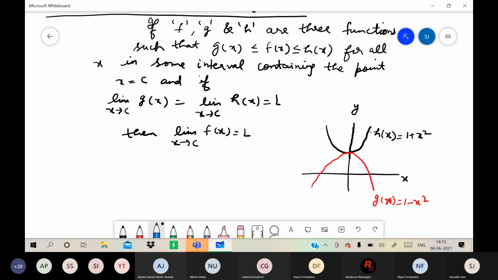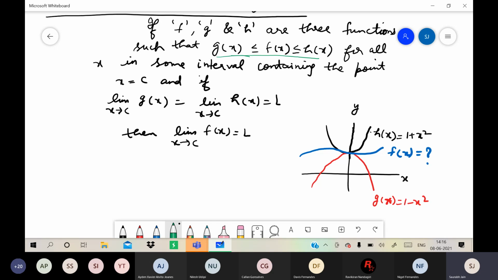Then let us say there is some other function whose graph is not known. Sorry, graph is known, but we don't know what the expression is. Only the graph is given like this. So what do you observe? How does this inequality get satisfied here? You see that g(x), the red one, is always below, the lowest one.